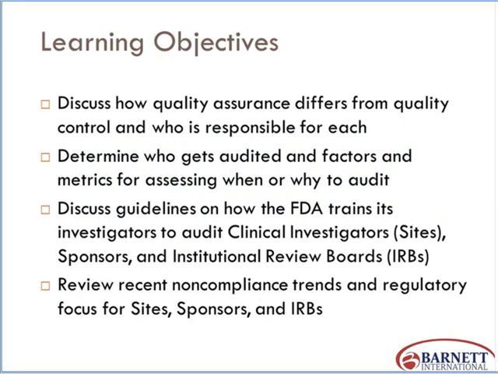We're going to talk, too, about who gets audited and some of the factors and metrics for assessing when or why we would audit. Also look at how the FDA trains its investigators to conduct clinical investigator site audits, IRB audits, and audits of sponsored CROs and monitors. And then look at reviewing recent regulatory noncompliance trends for particularly site sponsors and IRBs.